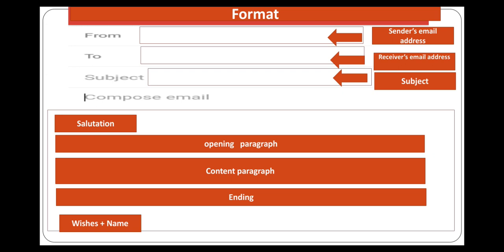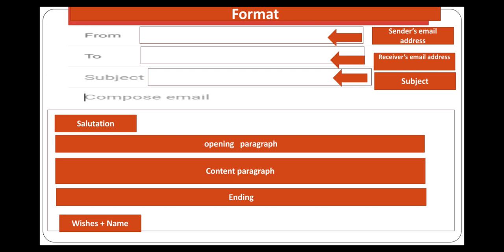Then we move to the opening paragraph. In the opening paragraph, you introduce yourself. If it's the first time you send the email to someone, you introduce yourself in terms of your name, your country, your profession or occupation.